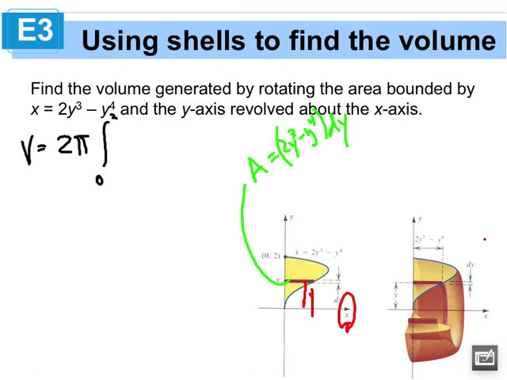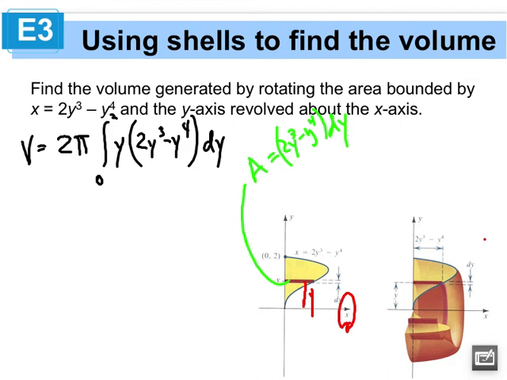0 to 2. The distance away from the axis of revolution is y. The area of that rectangle is 2y cubed minus y to the fourth times dy. Sam has a question. You know how the function is really close to that, like it touched the x-axis? What if you put your rectangle down there? Doesn't matter.